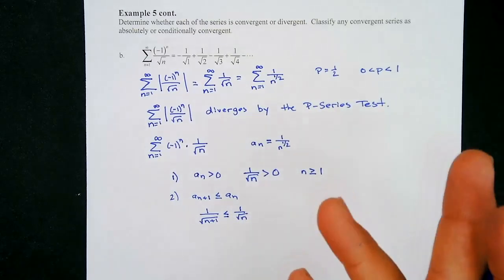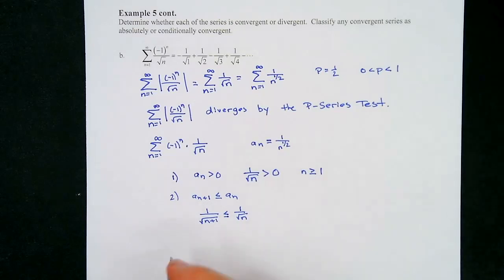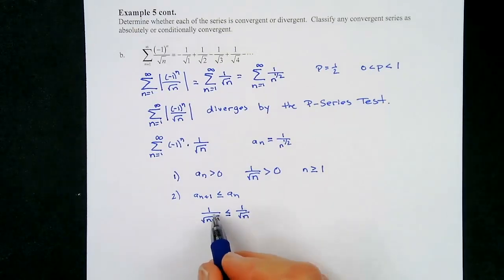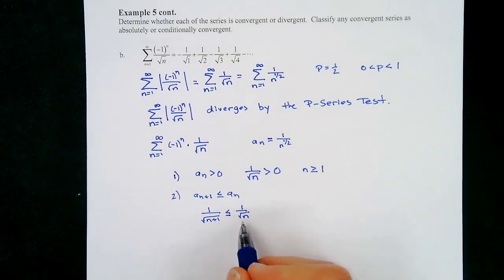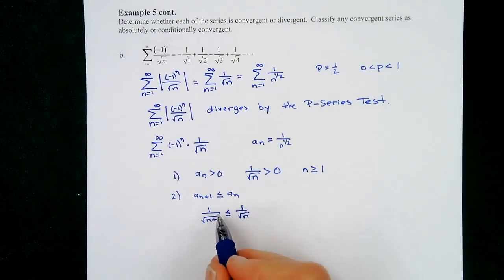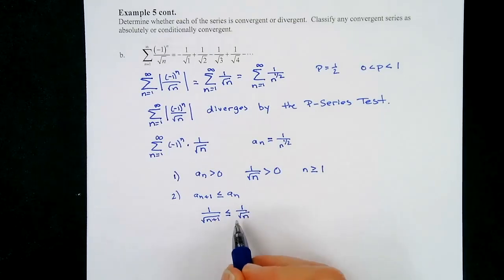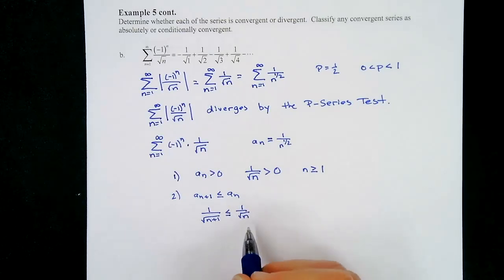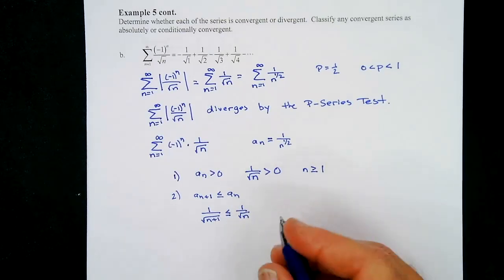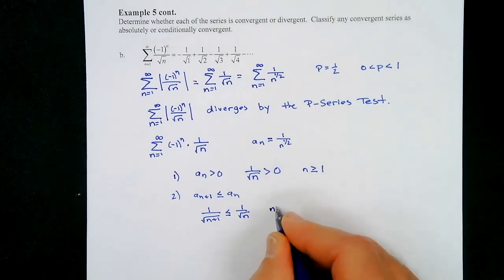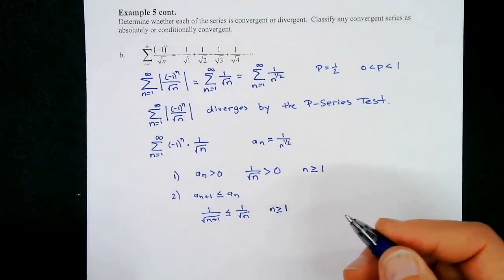We know the square root function is increasing, so n plus 1 is going to be bigger than n. Since this denominator is bigger than this one, this overall fraction is going to be smaller than this fraction, always. So this is also true for n greater than or equal to 1.